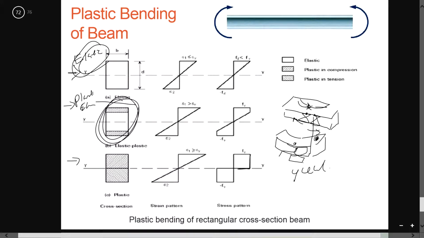We'll still have this shape over here, while this part over here will have some sort of this shape over here. So these are the things that you need to really take a look at.